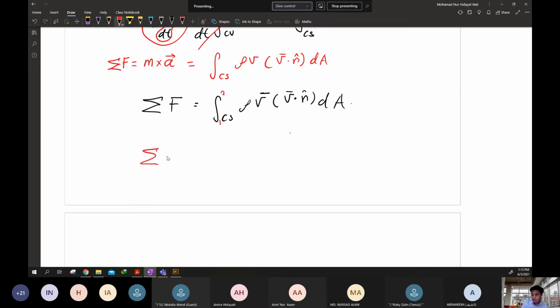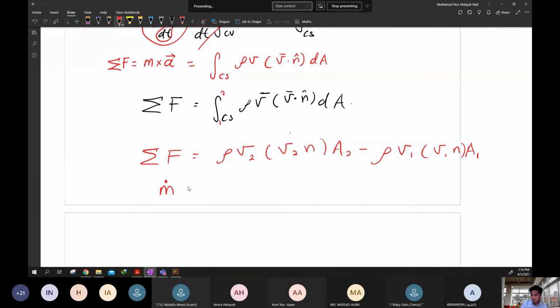So we will have F equal to ρV2V2A2 minus ρV1V1A1. Apply the momentum equation.